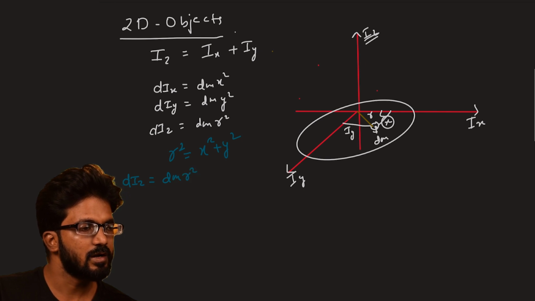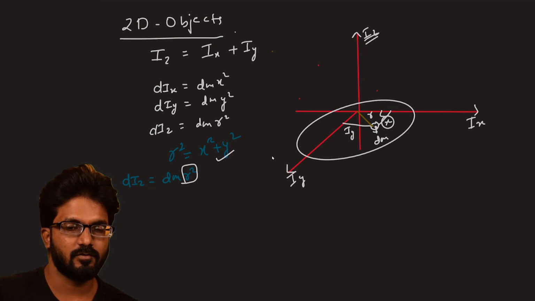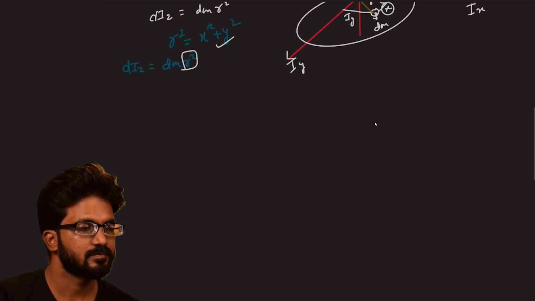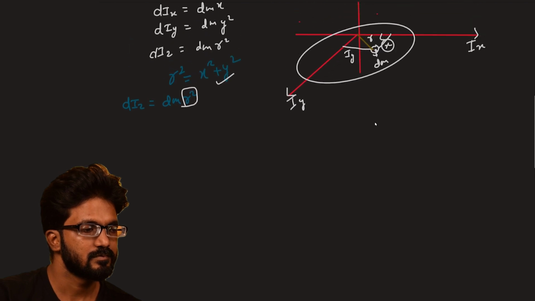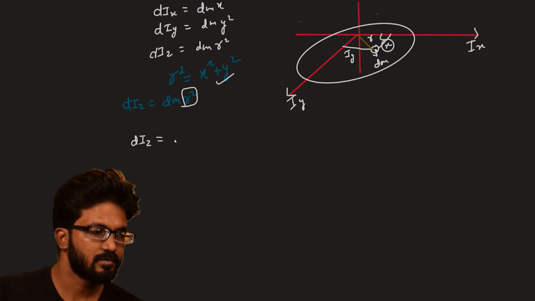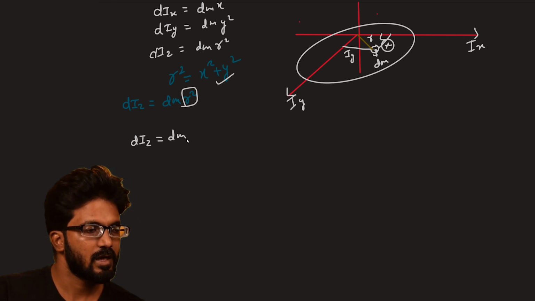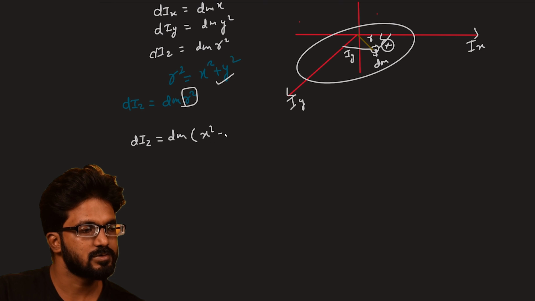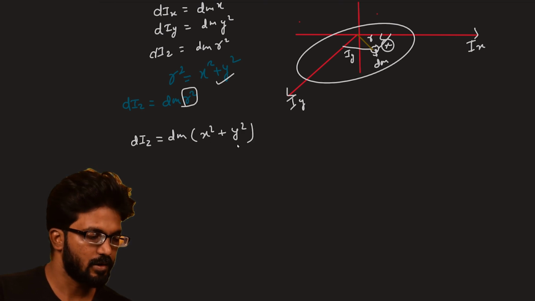Further, we can put r² as the value of x² + y², and write dIz = dm (x² + y²). Got it?